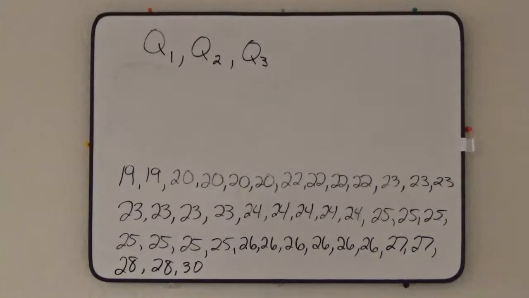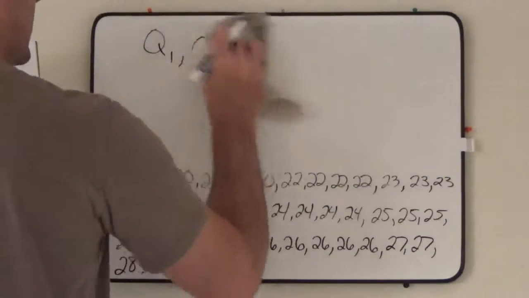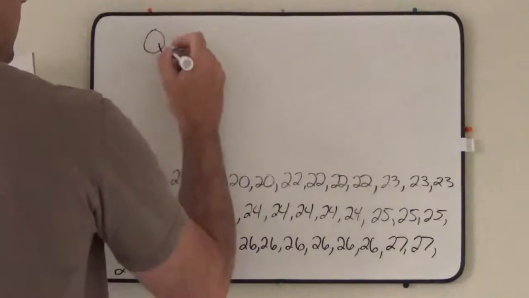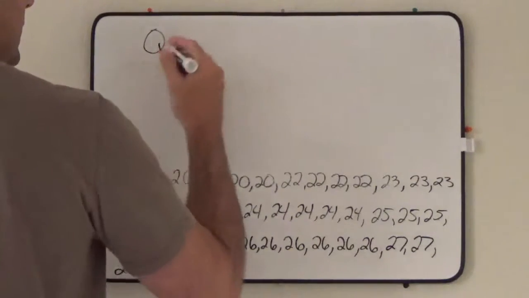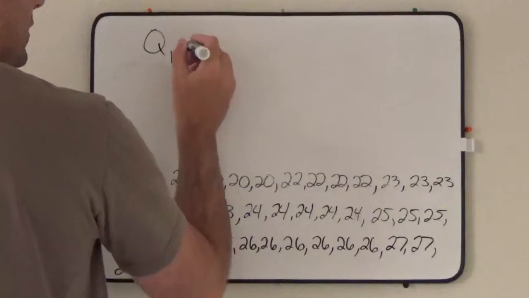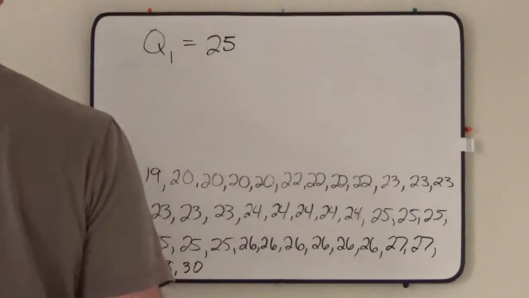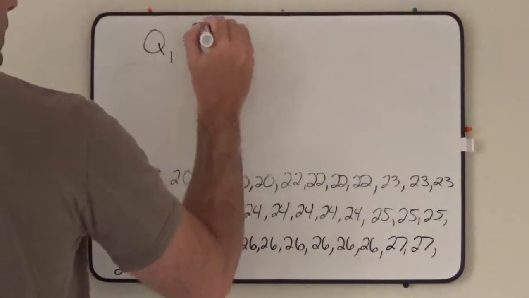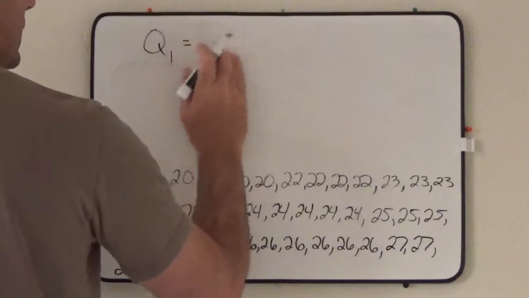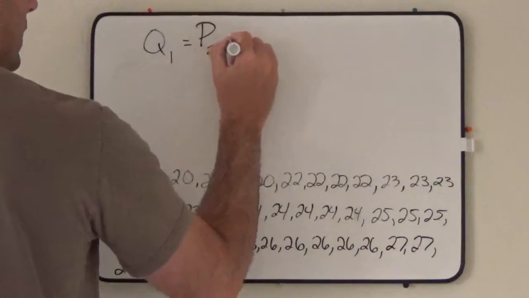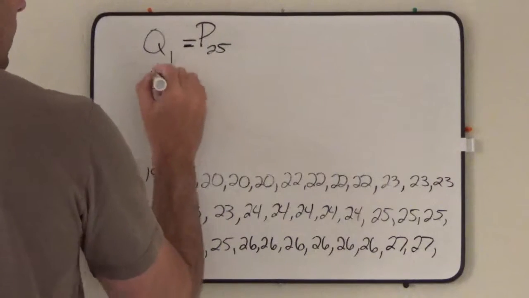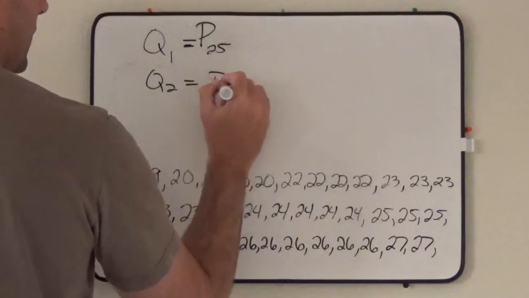Q1, I should have written these to the side, so I'll do that now. Q1, since these all represent 25%, that would be the 25th percentile. Or P25, I should just rewrite this. And then quartile 2, that would be P50.